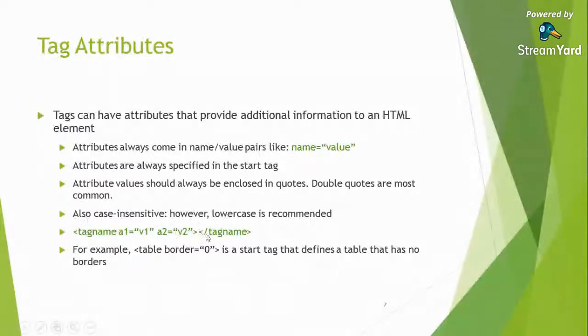And whenever we close the tag, we do not write anything. Here one simple example is given. Suppose table is the tag, which is a later part, and border is the attribute, so the border value is assigned as 0. This is a later-part example.